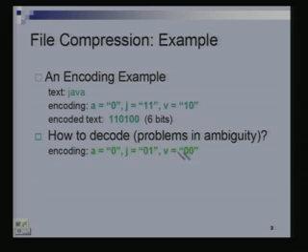Suppose for instance I had used this as my encoding: for A I use 0, J 0 1, V 0 0. Still it should take only 6 bits, and the encoding would be 0 1 0 0 0 0. Now, from here can I get back to Java given this code? Well, 0, 0 1, what can it be? It could be either an A or it could be a J.